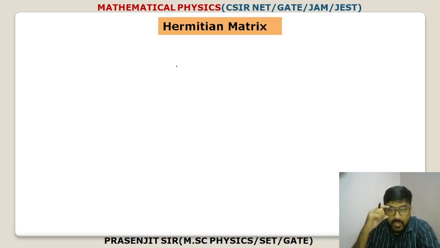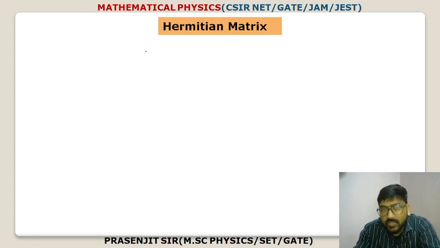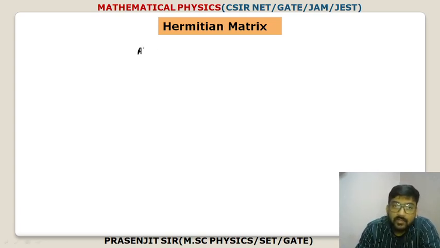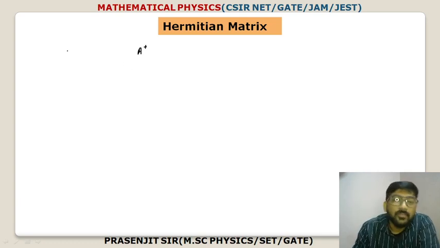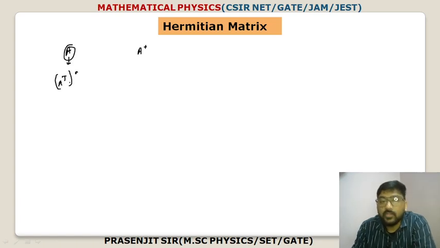And the notation of that Hermitian conjugate was a dagger, something like this. Now suppose you have a matrix A, and you take the transpose of this matrix, and then take the conjugate of this.